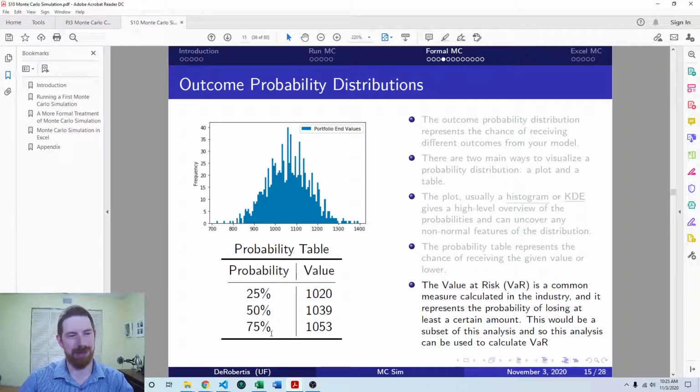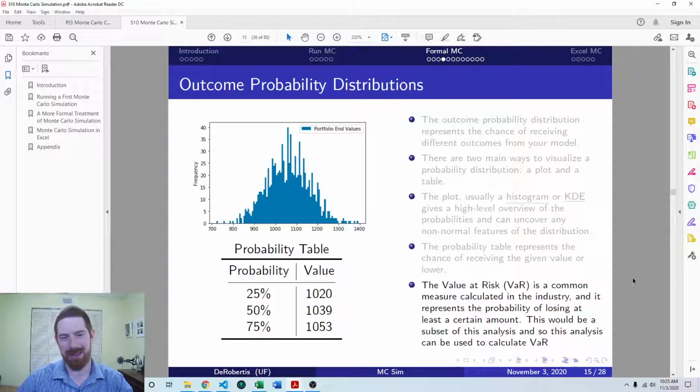So this probability table actually gets at this same concept. The probability table is a more general version of the value at risk measure. It tells you all these different values and is general to whatever kind of output you want to look at, whereas value at risk is specifically talking about some kind of loss in your model.